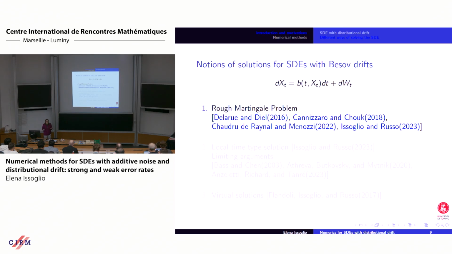And this is the classical martingale problem. And this way, you can avoid defining B of t, X t dt, because of course, when B is a distribution, you cannot evaluate it in a process, because distributions must be evaluated in test functions, and X is definitely not smooth as a test function. So with the martingale problem, you get rid of defining this B of t, X t.